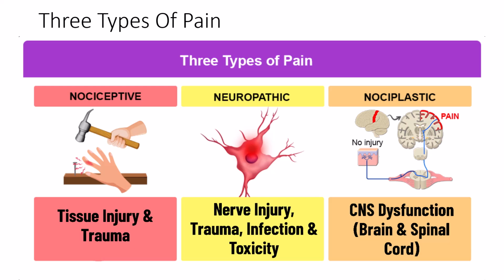Neuropathic pain is from any nerve that is damaged or injured, and this can be from nerve damage by traumatic mechanical injury, from infection, or even from toxins. And finally, nociplastic pain is caused by a dysfunction of the brain and spinal cord that causes abnormal amplification of pain signals from the body. And this typically can begin after about 3 months when the pain becomes chronic.